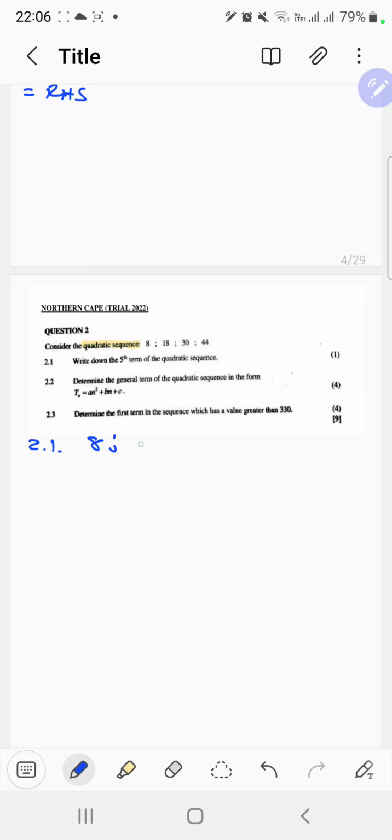So we have 8, 18, 30, 44. Okay. And then, of course, we're going to have our first differences, right? We know that. So this is 10, this is 12, this is 14, okay? And then we will have the second differences, which is the constant, which is a 2, right?